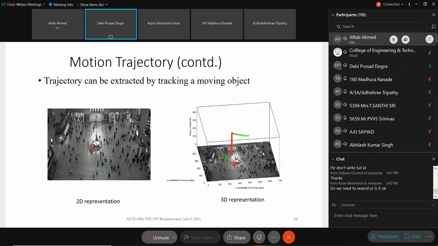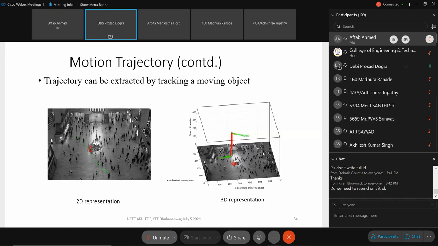Let me explain with an example. Once you extract a trajectory and visualize it in different ways, it can tell you a lot. For example, on the left side, if I show you the trajectory in a 2D representation without the red rectangular bounding box, you don't get much information about the nature of the trajectory.